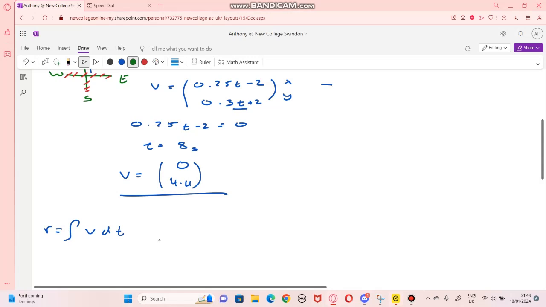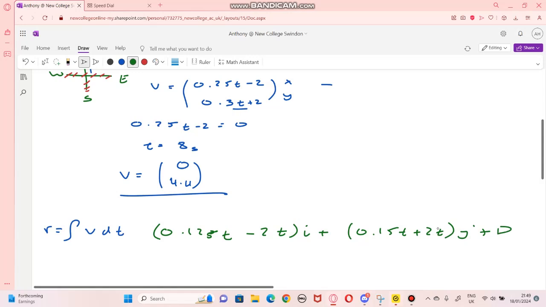This will give us (0.125t² - 2t) i + (0.15t² + 2t) j plus d.